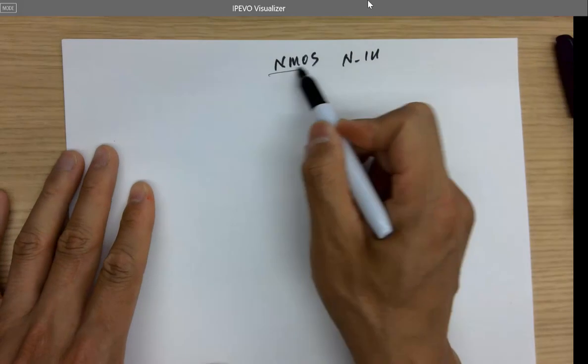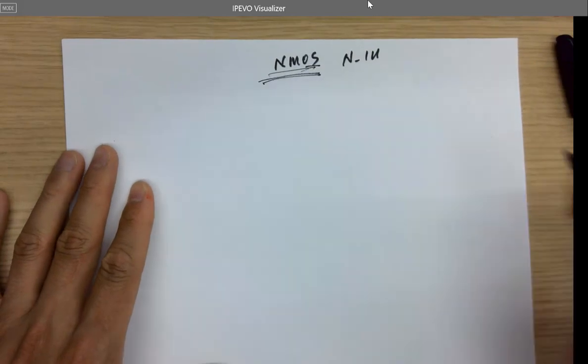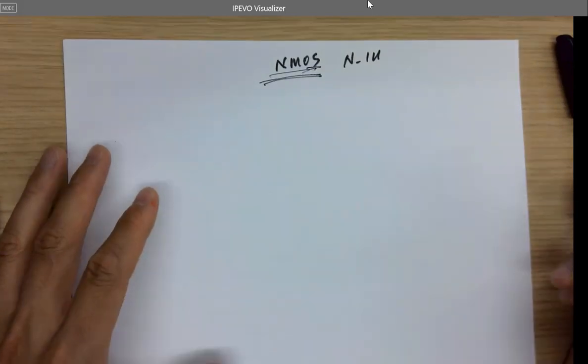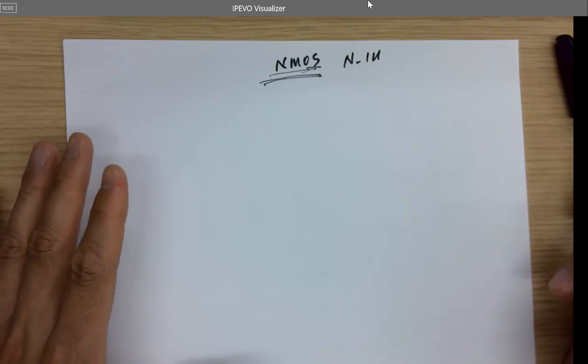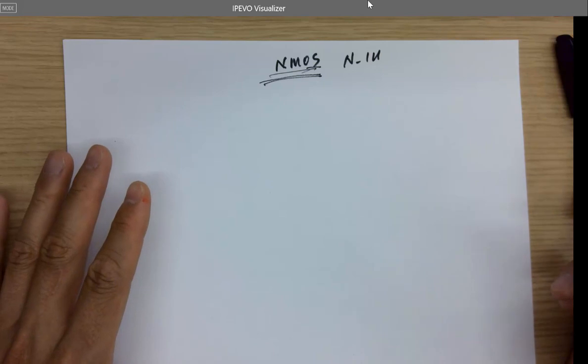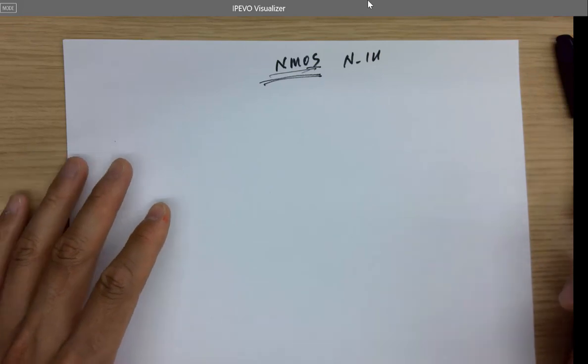And what I heard is American English pronunciation. If you are in an interview, don't say it that way. NMOS, PMOS, NMOS, CMOS. Okay.